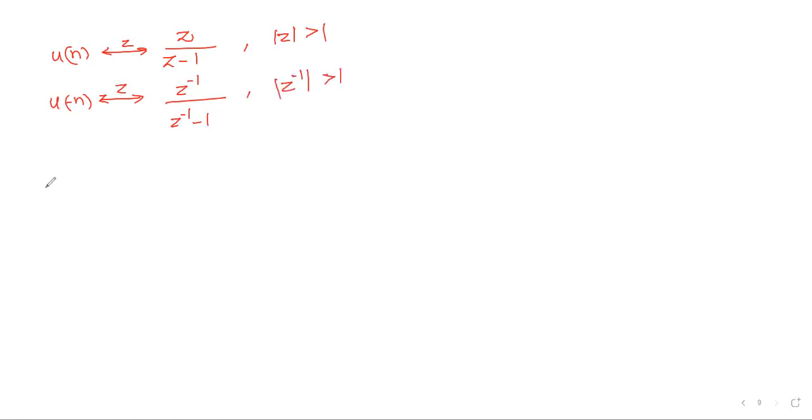Now how much will we get? The z transform of u of minus n will be, z power minus 1 is nothing but 1 by z, divided by 1 by z minus 1, which is equal to 1 divided by, how much will we get? 1 minus z. What is this ROC? 1 by z greater than 1.